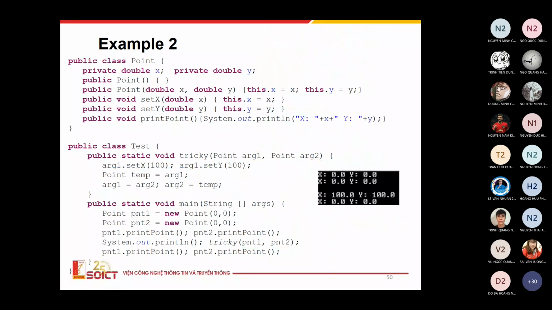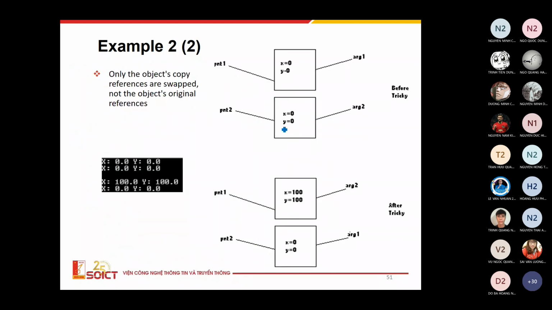Okay? So this will be the result of the output. Yeah. Somewhere you change, you have to swap the value. It looks like this. But when you draw it in the memory, the true references PNT1 and PNT2 are kept.